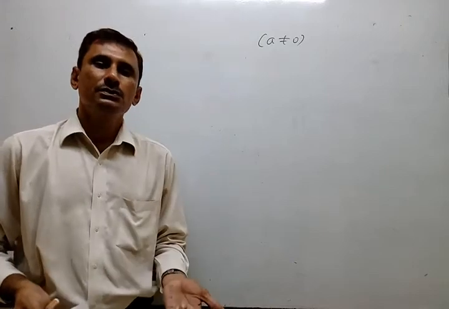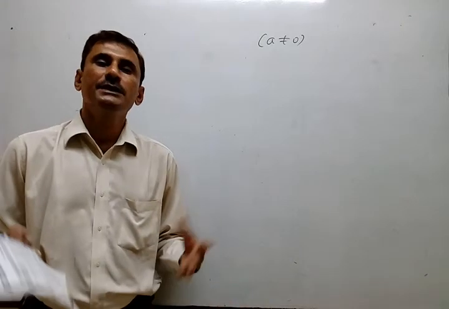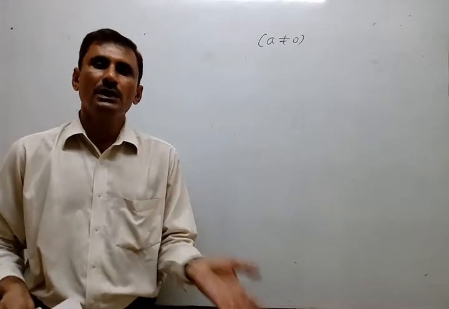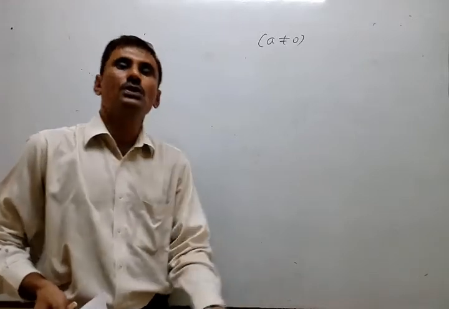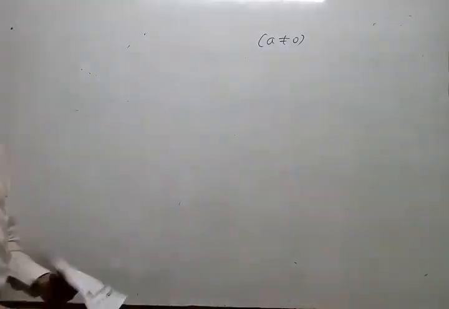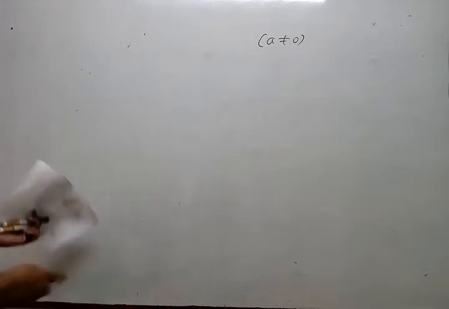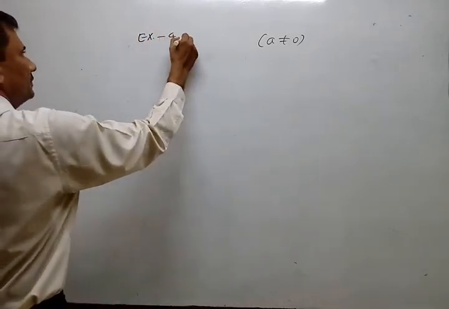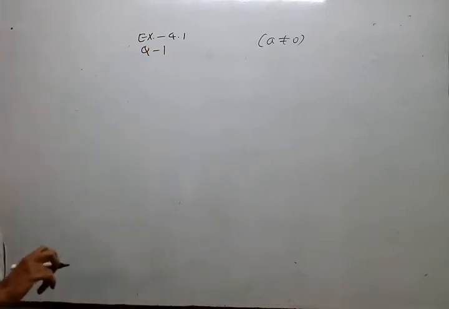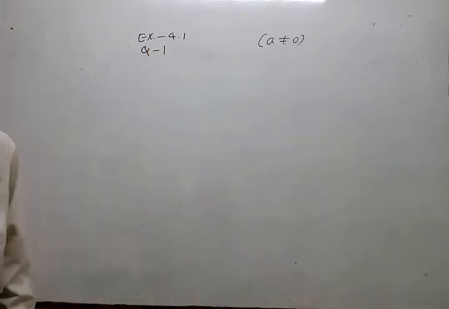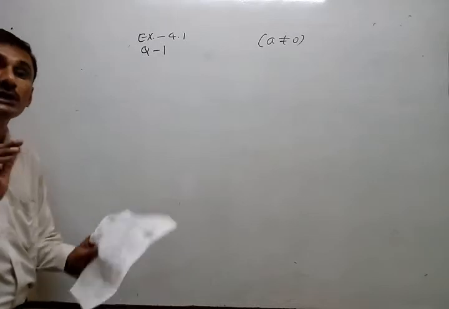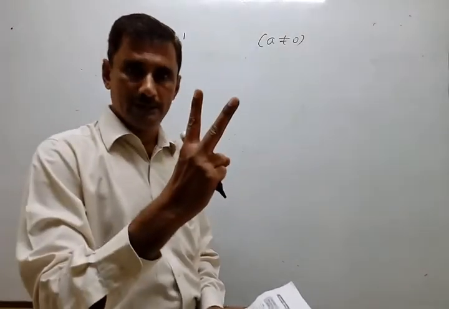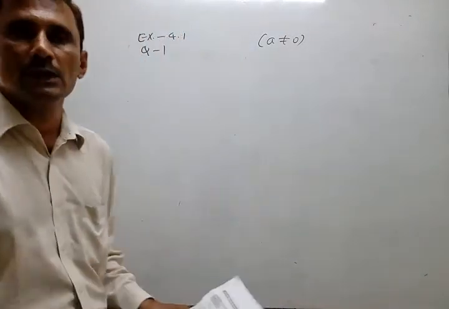If degree is 2, then it is quadratic equation. If degree is not 2, more than 2 or less than 2, then obviously it is not quadratic equation. Okay? So look at question number 1 of exercise 4.1. Only one thing you have to keep in mind, that degree of equation or degree of polynomial should be 2 only. Not more than 2, not less than 2.